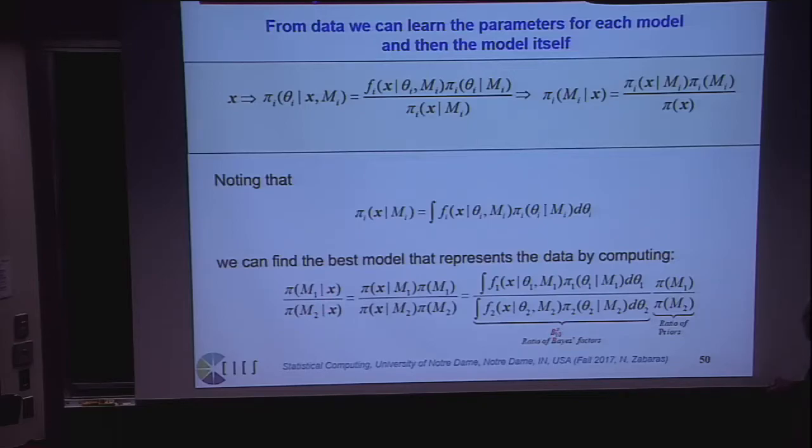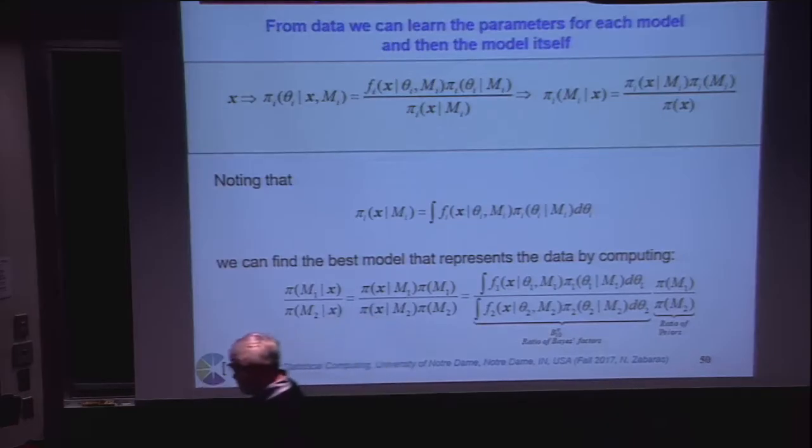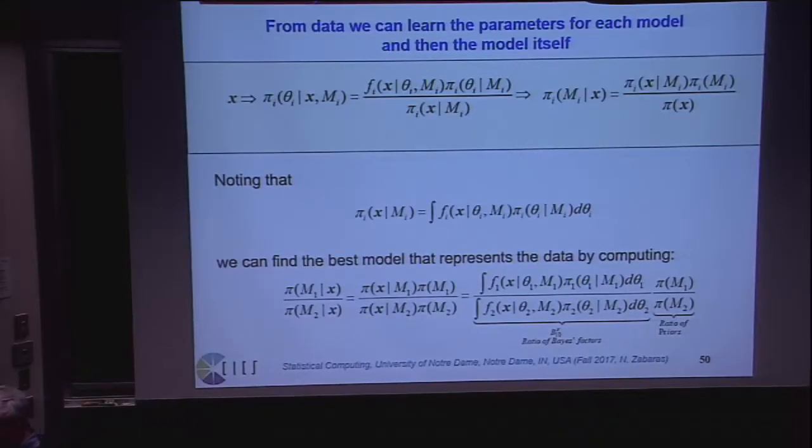The way that I wrote it here, I put 1 and 2, but usually B10 means model 1 and model 0. Okay, so this is what is called Bayes factors, and in homework 2, for a particular scenario, you are going to have to numerically calculate this because you cannot calculate the Bayes factors analytically.